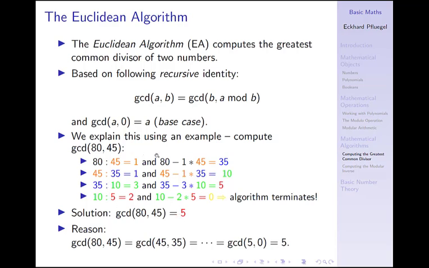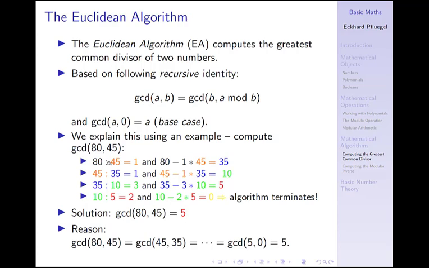And if you think about it, writing down these different steps is nothing else than unrolling the recursive definition. So the GCD of 80 and 45 is, according to the recursive identity up here, the same as the GCD of 45 and 80 modulo 45, which we have computed to be 35. So if you are in the second step, the outcome in terms of the GCD will be the same as in the first one.